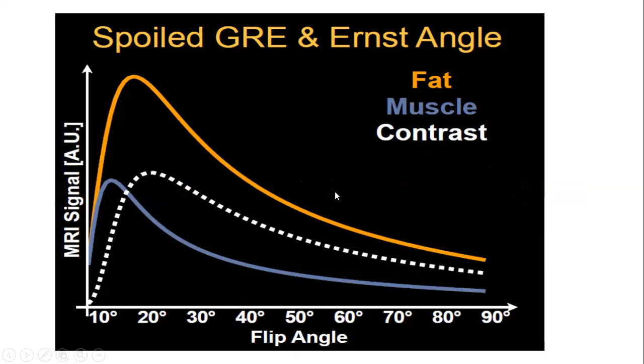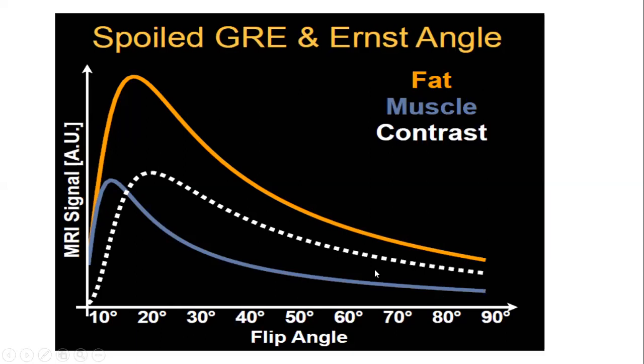That is, we look at a particular tissue, and we vary the flip angle based on some combinations of TR and T1. At the end of the day, we got this curve. And for muscle, we have this.